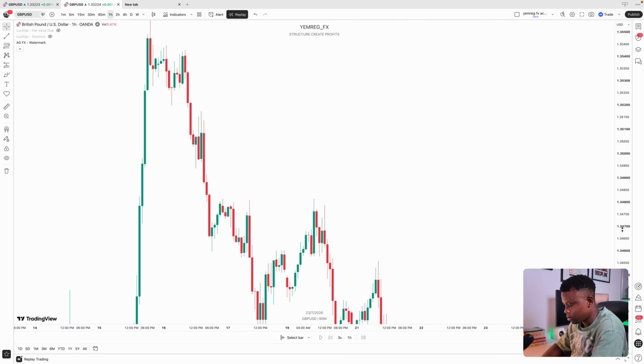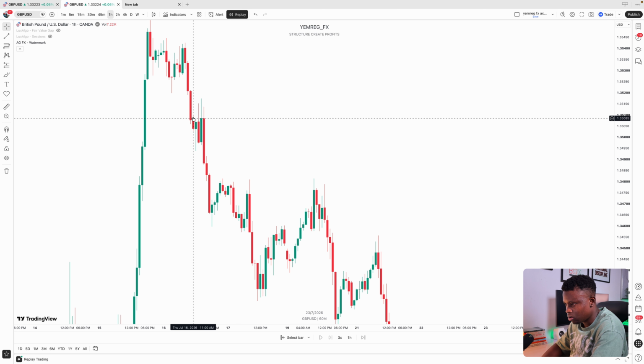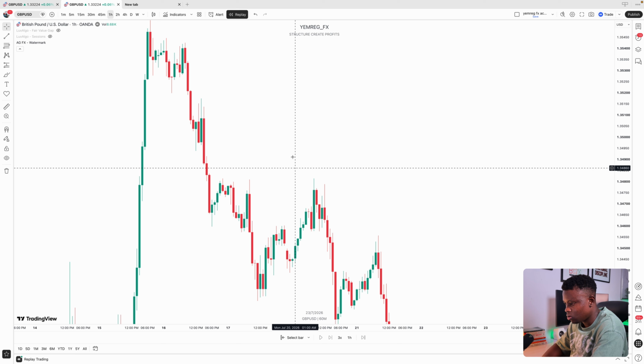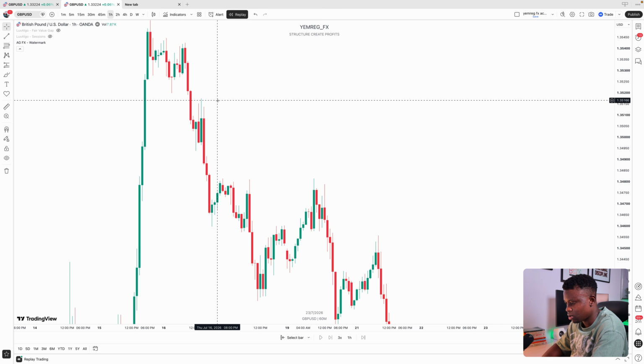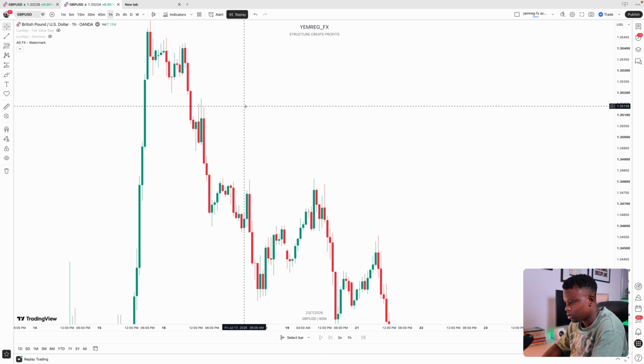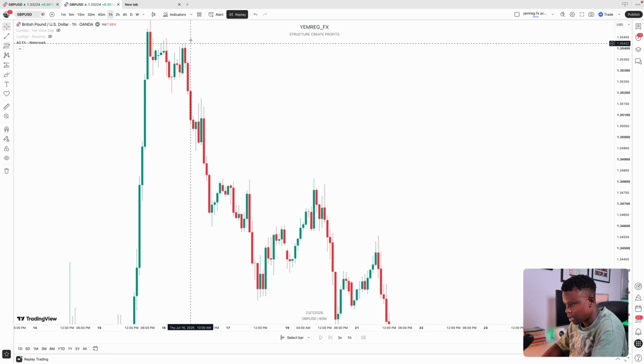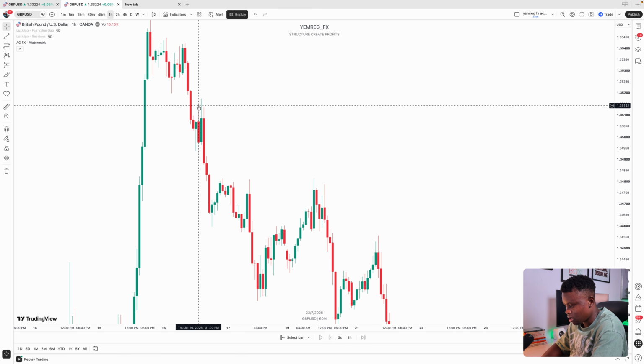If I'm to use this portion of the chart to explain the top down analysis structure, this space is the bullish, this is the past, and this is the present. So price started giving us a series of lower highs and lower lows, lower highs and lower lows.